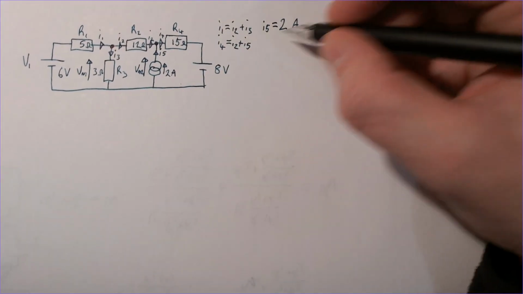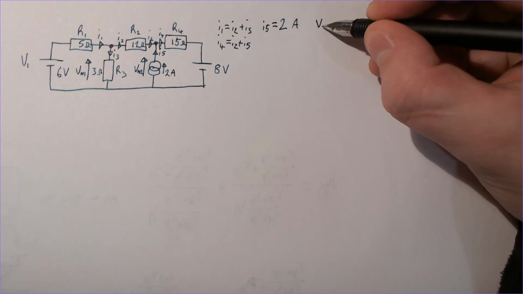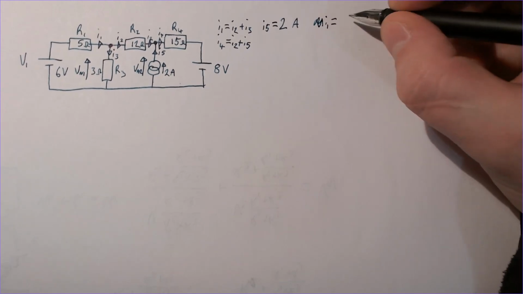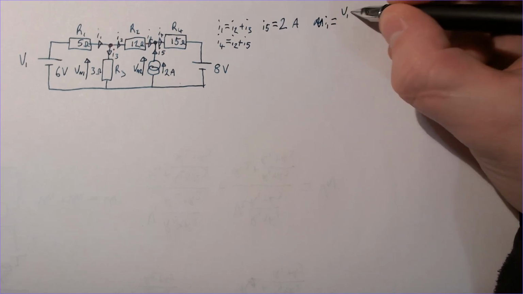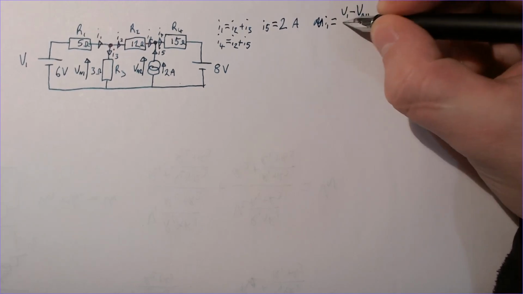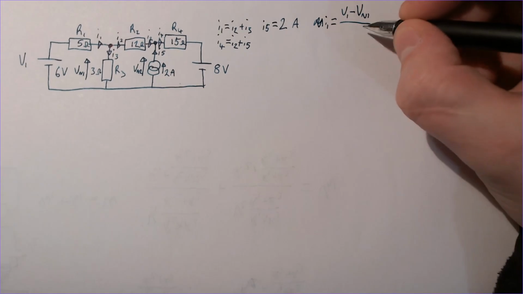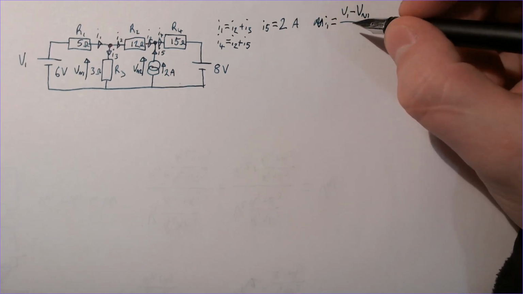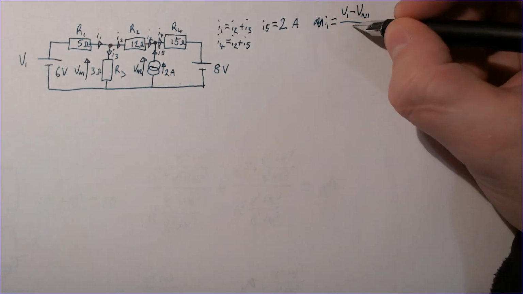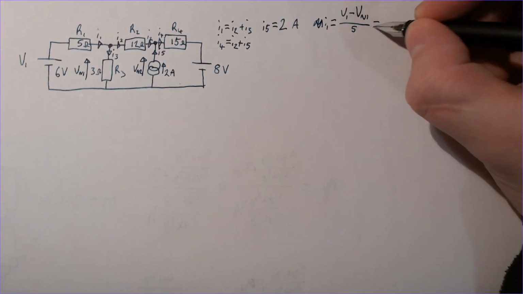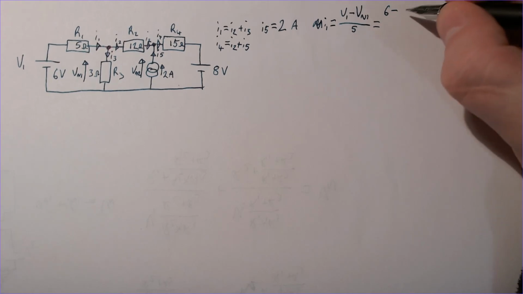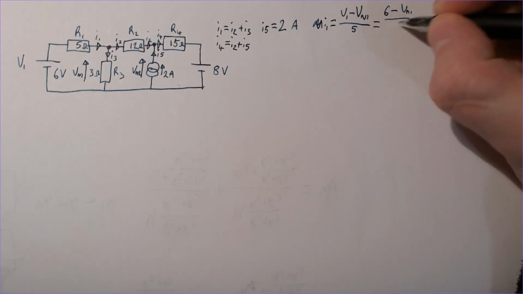So I1 equals V1 minus Vn1 over R1, which is 5 ohms. Let's put the values in, make it simpler, so V1 is 6 minus, we don't know Vn1, over 5.